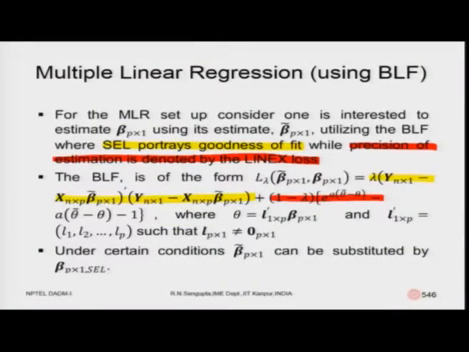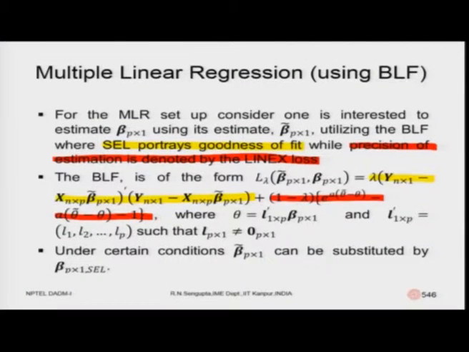Now, continuing this discussion, you give basically the Linex loss in order to estimate the theta. Theta is basically the precision of estimation which you want to do. And here you consider theta is equal to L transpose into beta, and this L transpose is basically a vector, a column vector or a row vector, whichever you denote as L1, L2, L3 till LP, that p cross 1 vector which is there, not all can be 0.